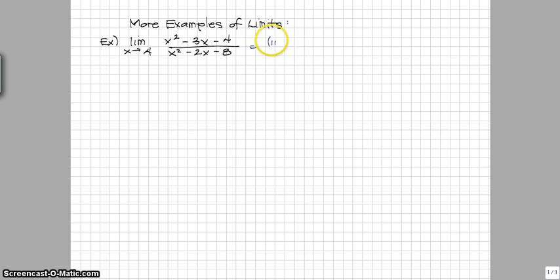I'm going to say that this is equal to the limit as x approaches 4 of the factored numerator, x minus 4 times x plus 1, over the factored denominator, x minus 4 times x plus 2, and then I'm going to cancel factors.